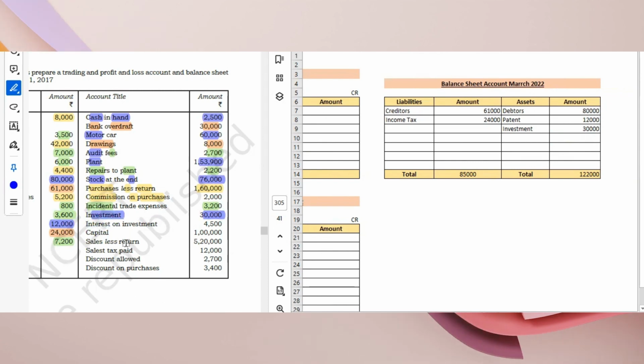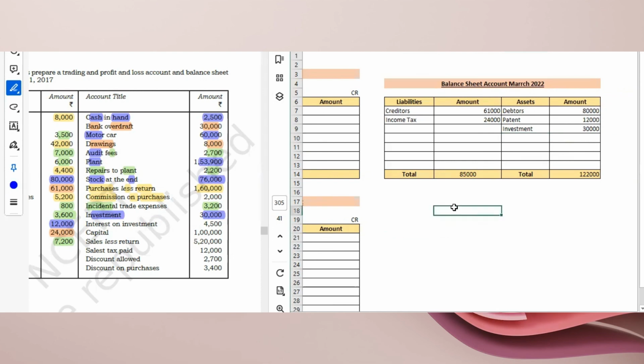Okay, interest on investment. Now you have to see something which is related to your earning. You have a chalk piece business. You are selling it, you are earning it. That is your revenue, direct trading revenue. But interest on investment, you are investing in gold, stocks, or some other businesses that are not directly related to your business. So it is not an operating expense. It is other income.